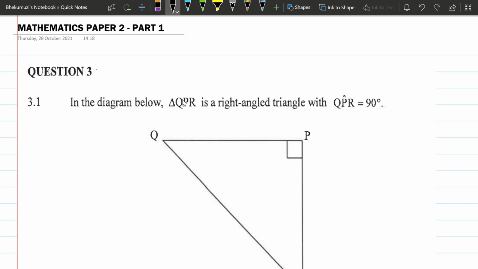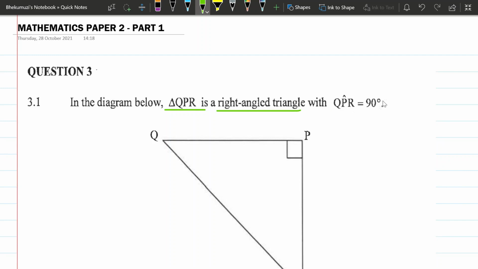So we have question 3, and in question 3, basically, it's trigonometry. It says 3.1. In the diagram below, there is a triangle called QPR, and it is a right angle triangle. We also see that angle QPR is equal to 90 degrees.